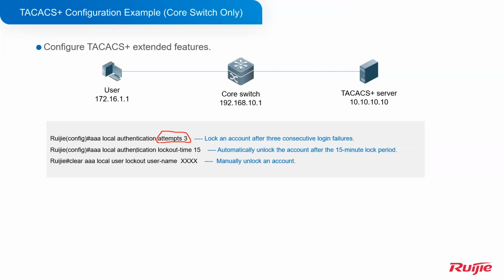So aaa local authentication lockout-time 15 indicates that once you have failed the authentication 3 times, this account will be locked for 15 minutes. And if you want to manually unlock an account, just use the command clear aaa local user lockout username. Here you should enter the specific username you want to unlock.